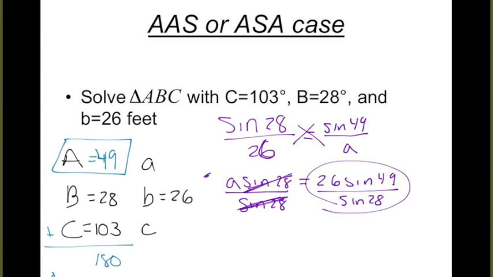And we can type that in our calculator. If you're working with a graphing calculator or scientific calculator, you can type it directly into your calculator exactly like it says. The one thing we need to be very careful about is when you press a trig button on your calculator like sine, it automatically opens up a set of parentheses. So when you press the sine button, it doesn't just say sine, it says sine parentheses.